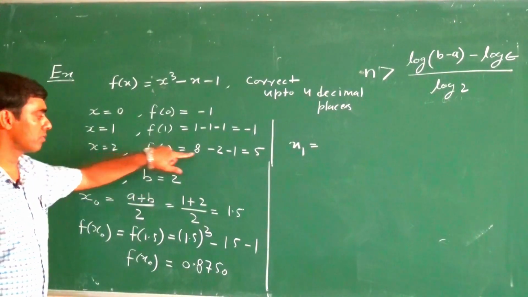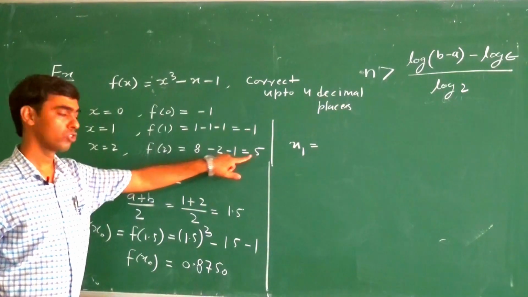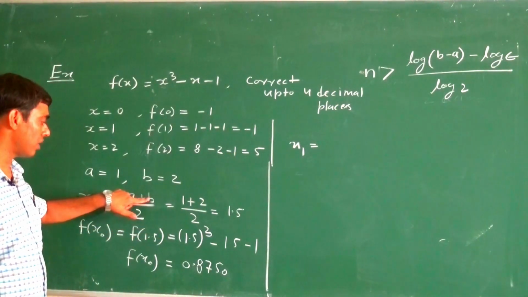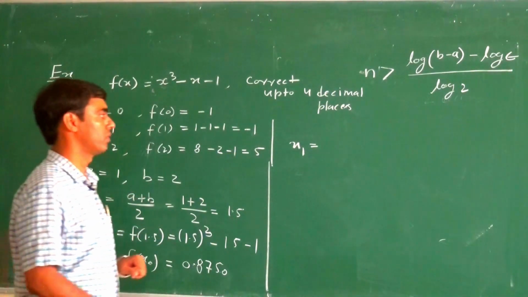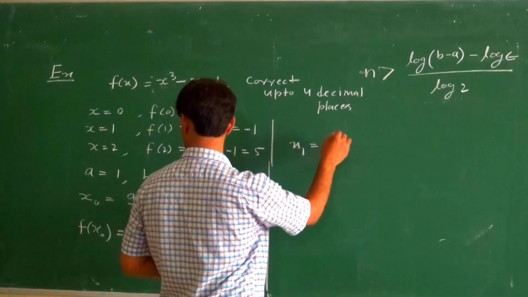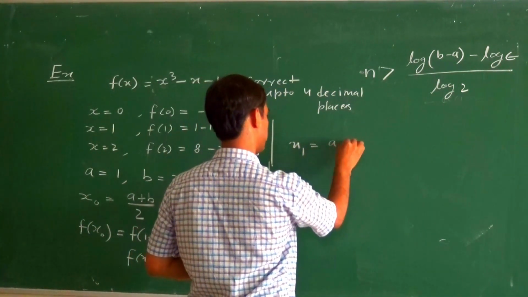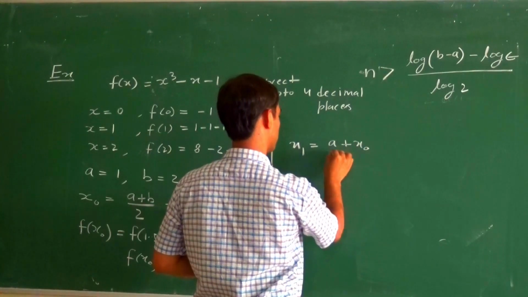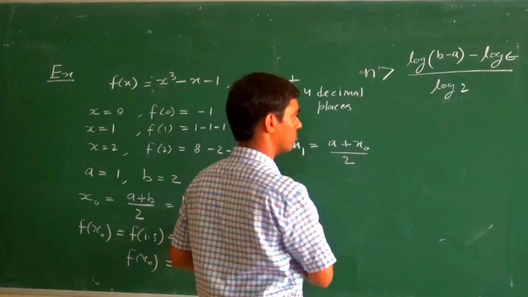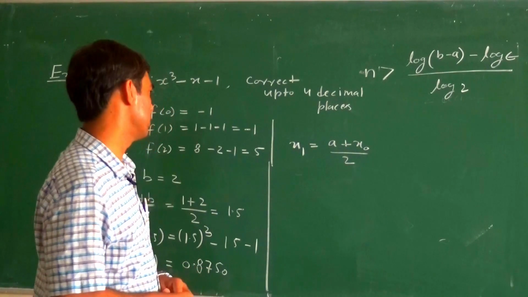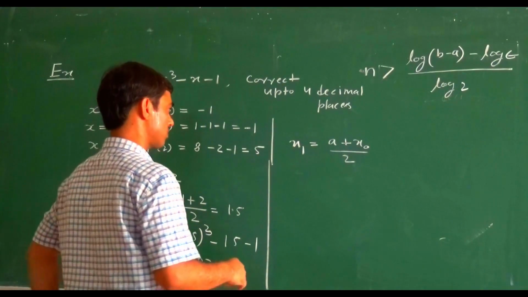At b, the value of the function is positive, so we replace b with x0. So x1 becomes a plus x0 divided by 2.